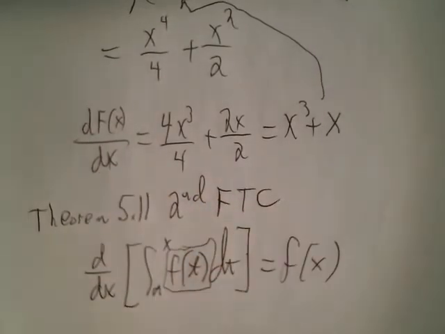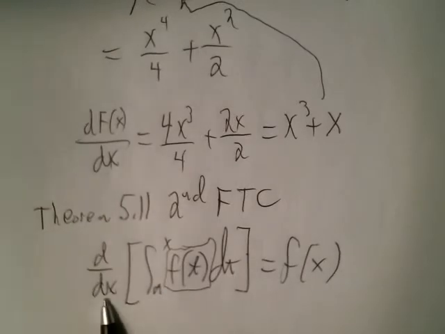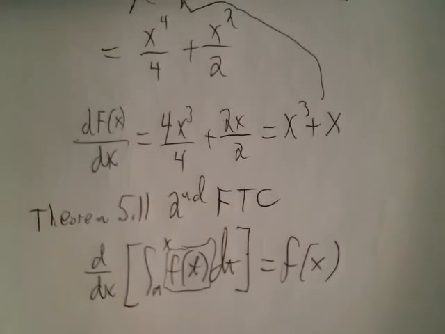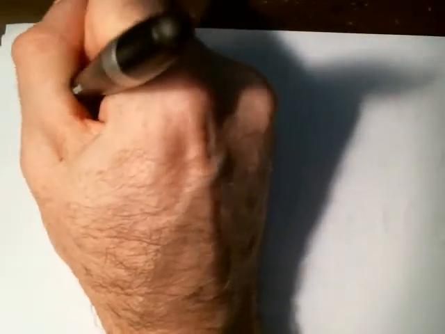In other words, in this case, the integral and the derivative are pure inverses of each other. Let's take a look at the proof of this and see how that goes.